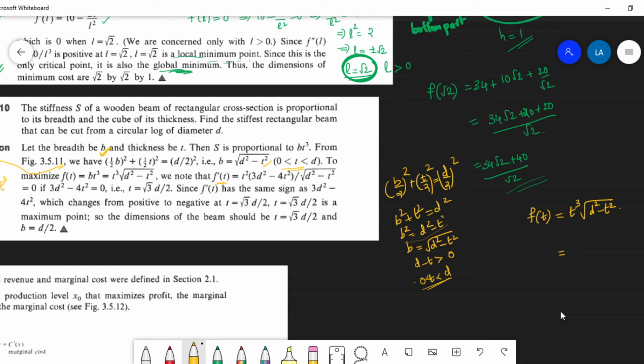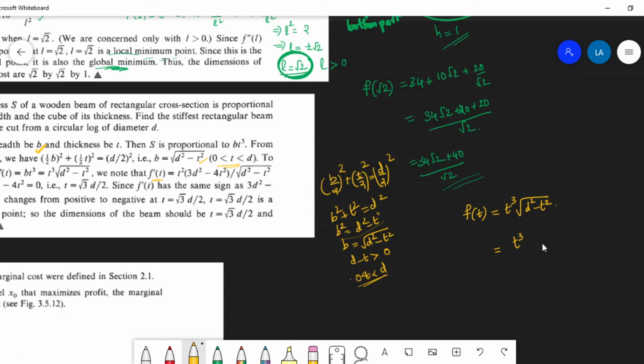So you have the first function t cube into 1 divided by 2 root d square minus t square into minus 2t, okay, plus root of d square minus t square into 3t square. So this is the first function and this is the second function. You have the first function into the derivative of the second function plus the second function into the derivative of the first function.